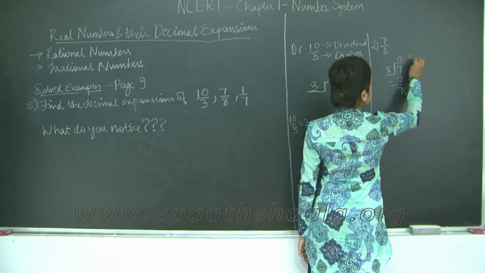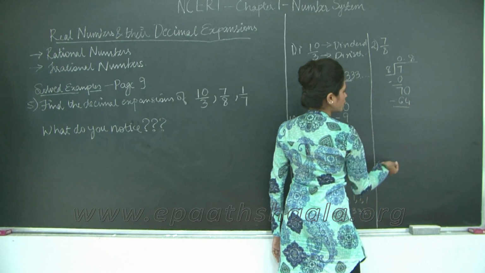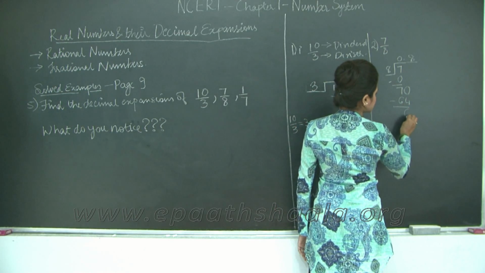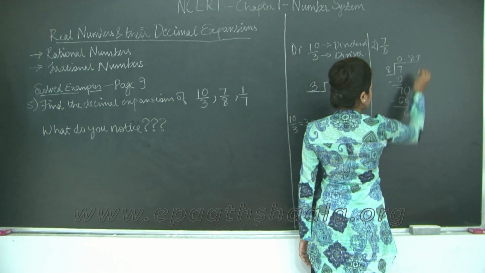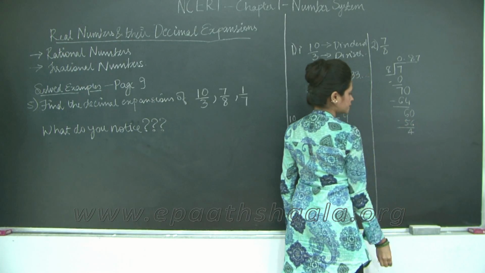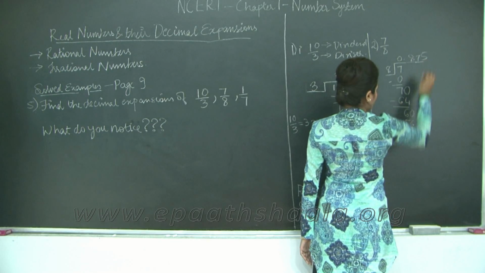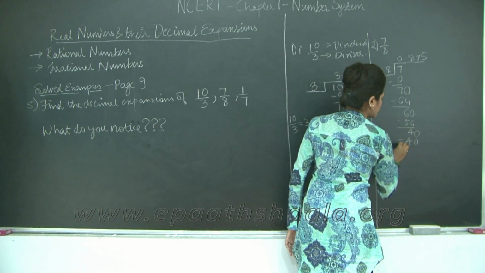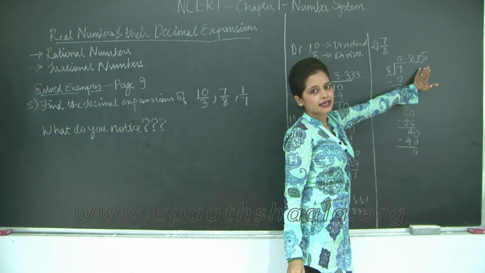So 8 8s are 64. 70 minus 64 would give me 6, right? Again I put down a 0, so 8 7s are 56 and I'm left with 4. Again I'm going to put a 0 over here, 8 5s are 40. So I got my remainder as 0, right? So my quotient list ends over here.